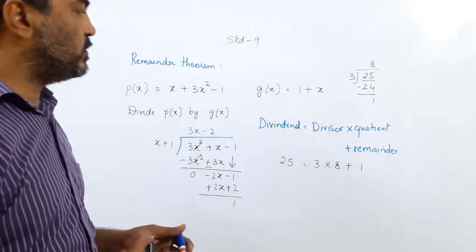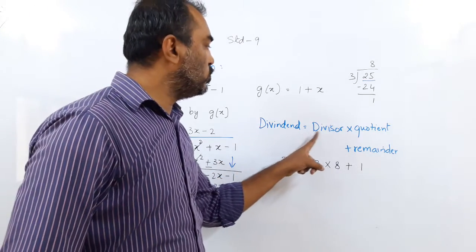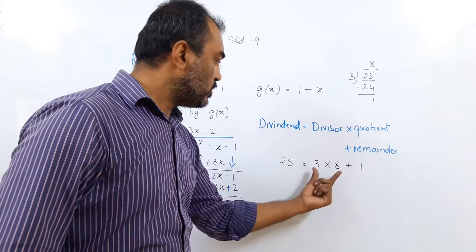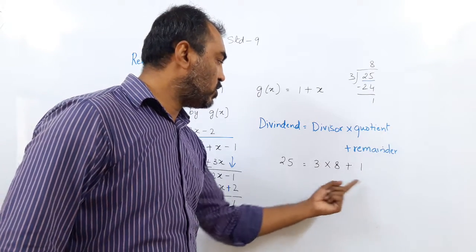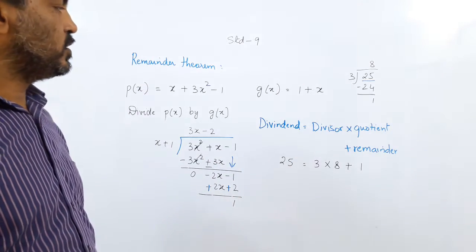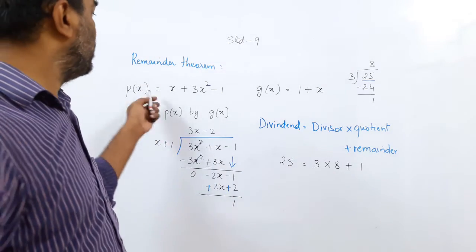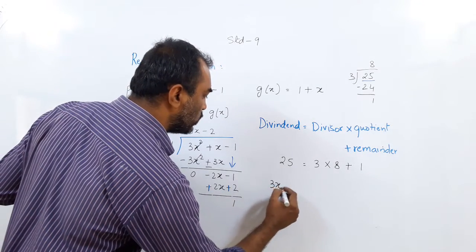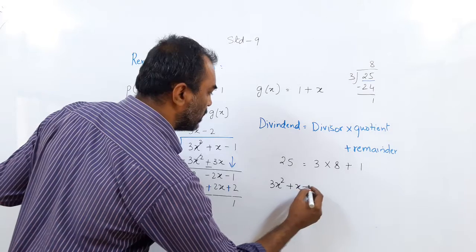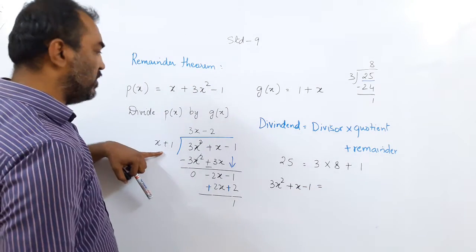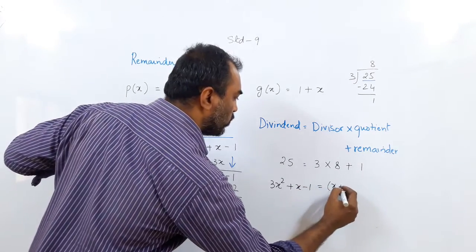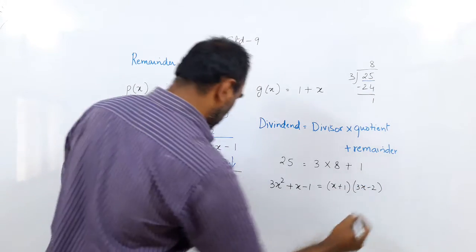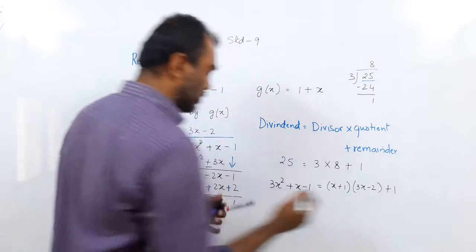So have you observed this basic rule? Dividend equal to divisor into quotient plus remainder. If this remainder is 0, these two are factors. If the remainder is not 0, then this is not a factor. So in the same way, how will we write this sum? The dividend 3x square plus x minus 1 equals the divisor x plus 1 into the quotient 3x minus 2, plus the remainder 1.